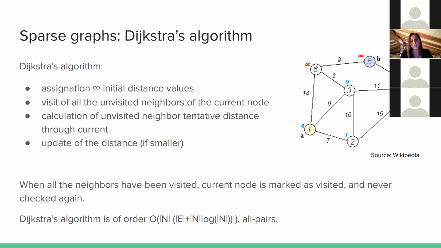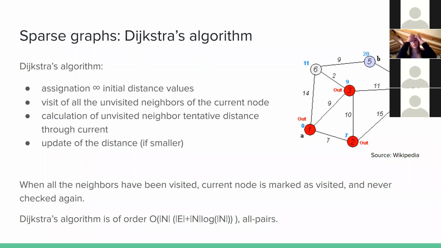And then you're always going to compare with what you had before. And if you get a smaller distance, then you update the path. Very important is to say that when all the neighbors of your node have been visited, the current node is marked as visited, and it's never checked again. This means that for every node, you have one shot, so you cannot go back.